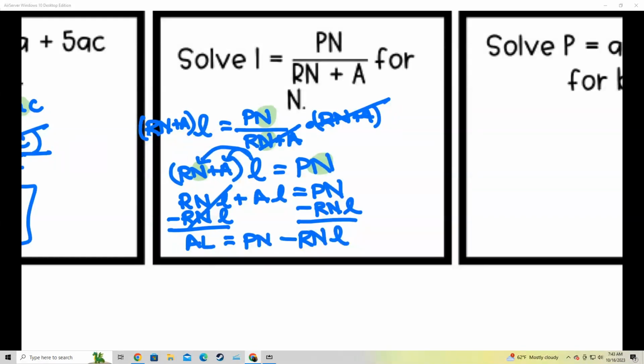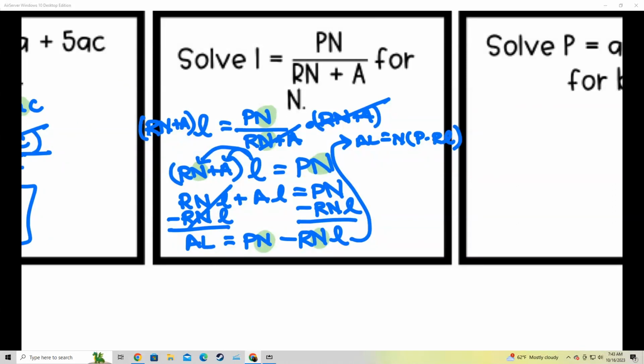Now I have my n's on the same side, and we're going to use the trick that I did before. Hopefully you remember the trick, and that is to factor out the n. So I get AL is equal to, if I factor out the n, I'm going to have a P left over minus an RL.